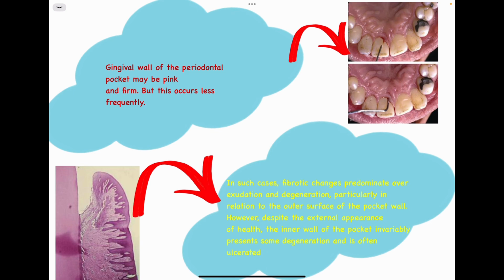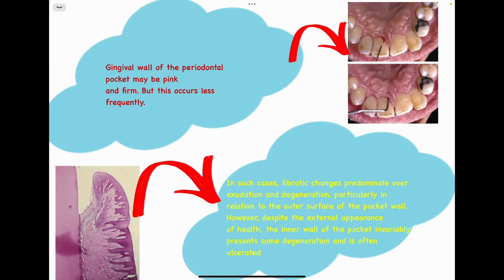There is an increase in the amount of fibrotic tissue. In such cases, there is predominance of the fibrotic elements over the exudation and the degeneration of gingival fibers, and this is particularly in relation to the outer surface of the pocket wall.